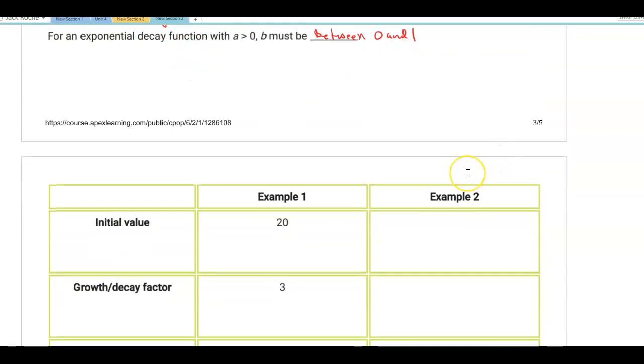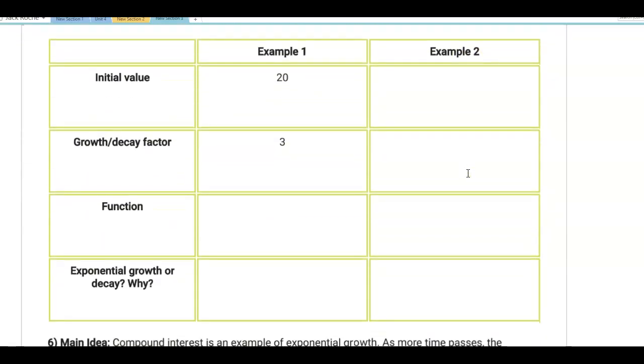So right here, if we look at example 1, your initial value is 20, and the growth or decay factor is 3. This tells us it's growth.